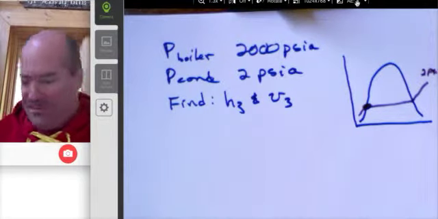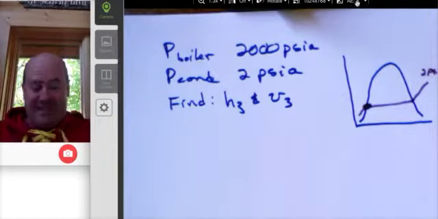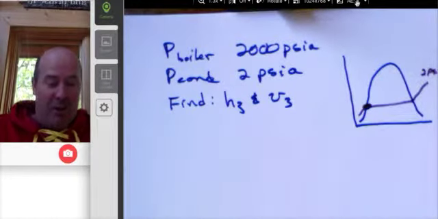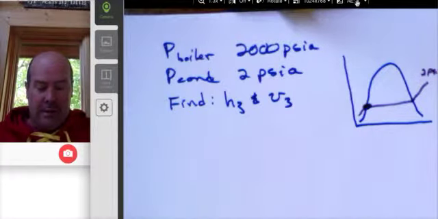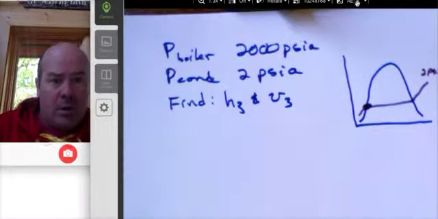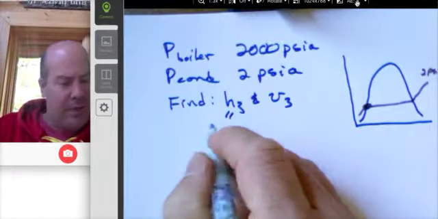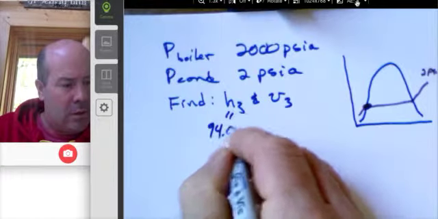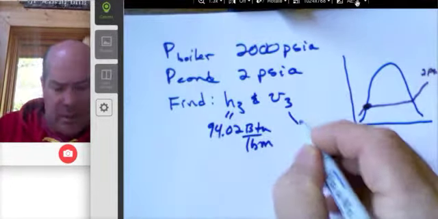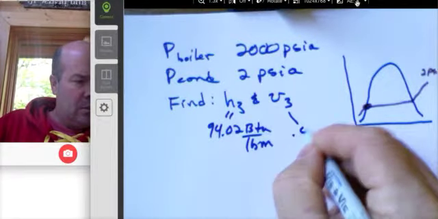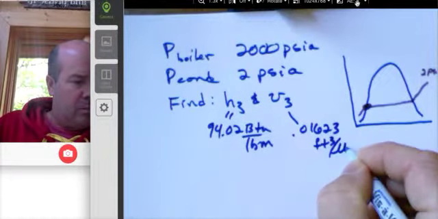I better write those down. There we go. So H3 is 94.02 BTUs per pound mass, and V3 is 0.01623 feet cubed per pound mass.